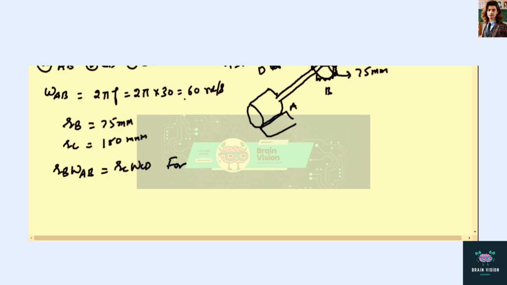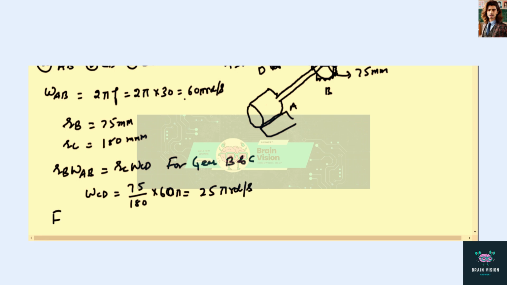This is for gears B and C. So from here omega_CD you will get R_B is 75, upon 180, into 60 pi radian per second. That is 25 pi radian per second.